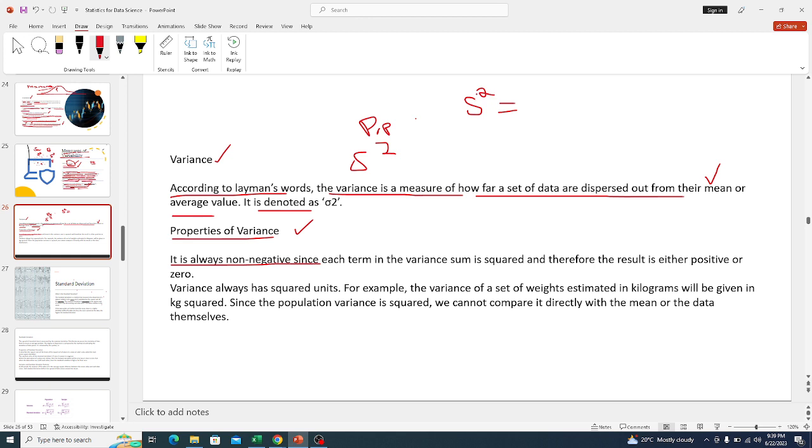The variance of sample data is given by x1 minus x bar squared, plus x2 minus x bar squared, plus up to xn minus x bar squared, divided by n minus 1.